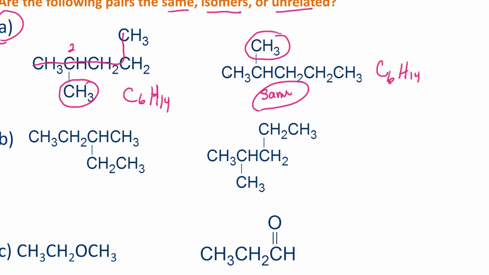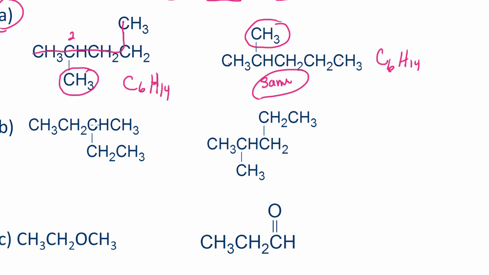Let's take a look at B. Again, let's check the molecular formula. So 6 carbons and 14 hydrogens again. Okay, so what do we have here? 6 carbons and 14 hydrogens. Okay, so now we need to check these branch points. So the first thing I'm going to do is find my longest continuous chain.